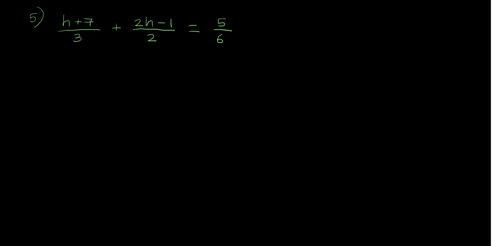As I said before, you can't add and subtract fractions until the denominators are the same. So my first step is to get the whole left hand side as one fraction, and on the right hand side I have one fraction on its own anyway, and then I'll try and cross multiply. That's my strategy in this case.